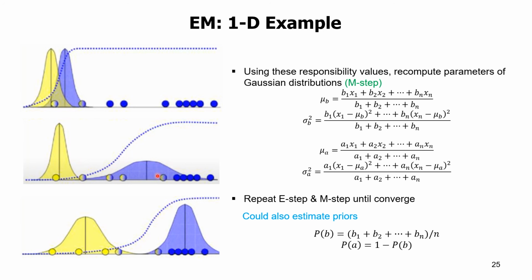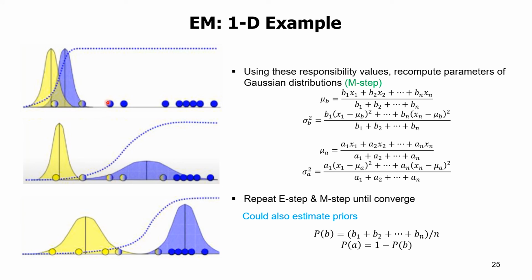Because we have new Gaussian distributions, we have to recompute the posterior probability of each data. So we go back to the E step and recompute all these posterior probabilities. This is the result of the E step with the new distributions. Compare this and this, they have changed.